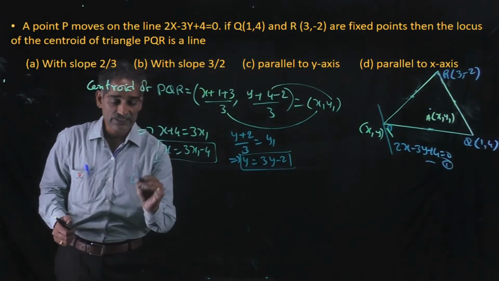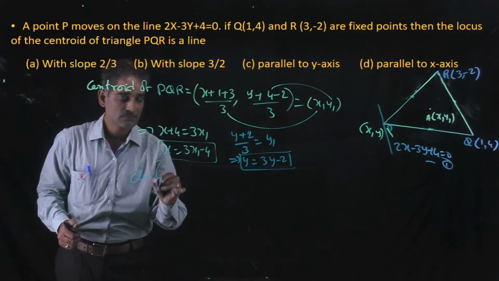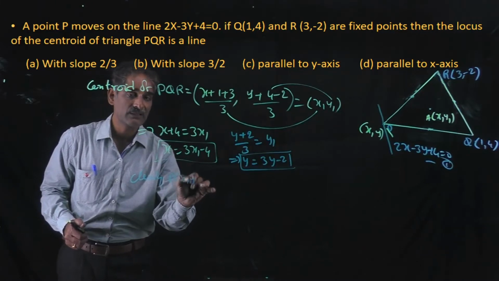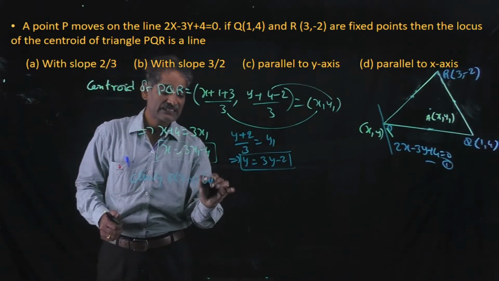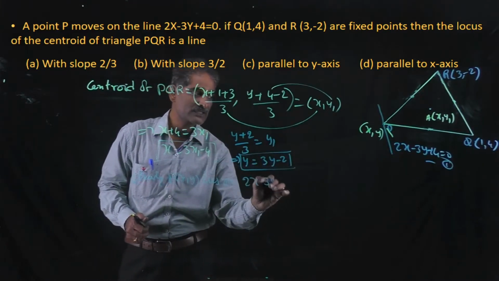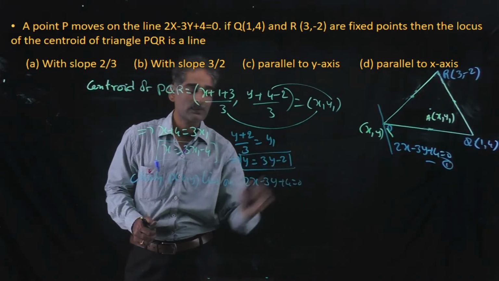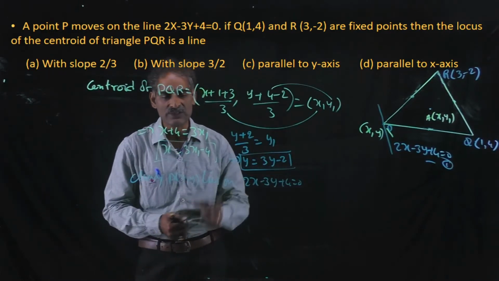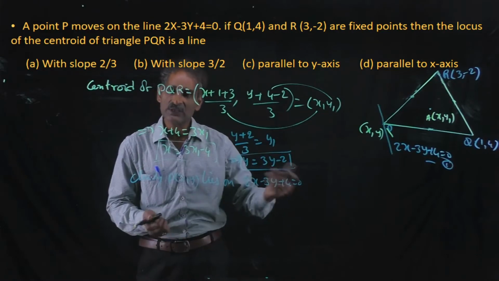So clearly, P(x, y) lies on equation 1, that is 2x minus 3y plus 4 equal to 0. Now substitute the x and y values in this equation, then we will get an equation in terms of x1 and y1. That is the required one.